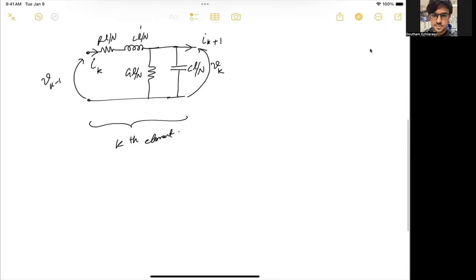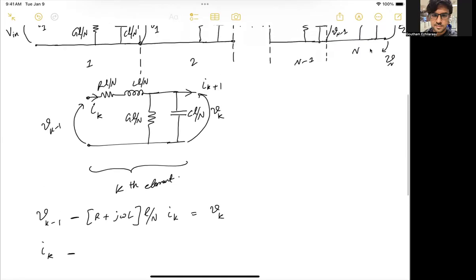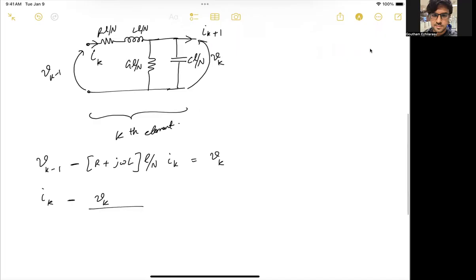So now, for this kth element, if you use KVL and KCL, so if I use KVL, then Vk minus 1 minus R plus j omega L times L over N times the current Ik is going to be Vk. And similarly, if you use KCL, then Ik minus Vk over 1 over GL over N minus Vk divided by 1 over j omega C L over N is going to be Ik plus 1.